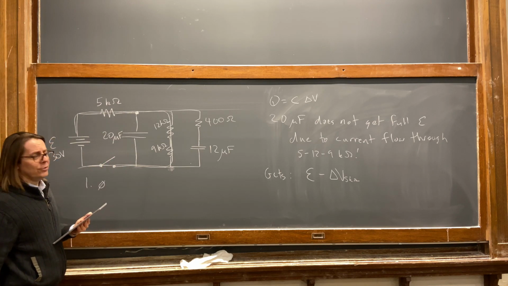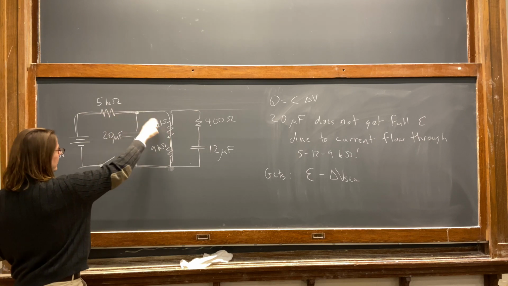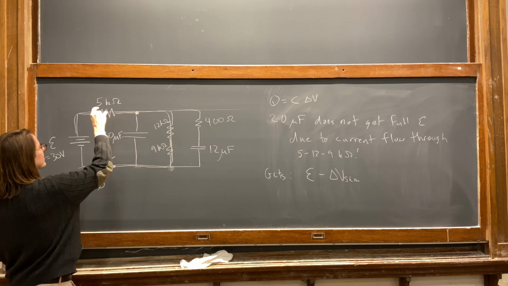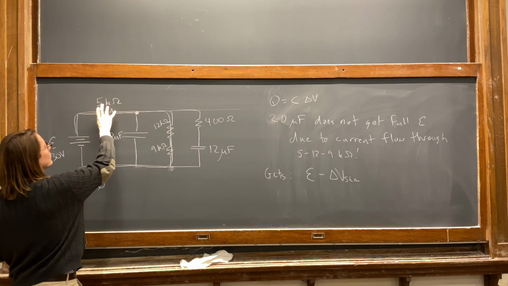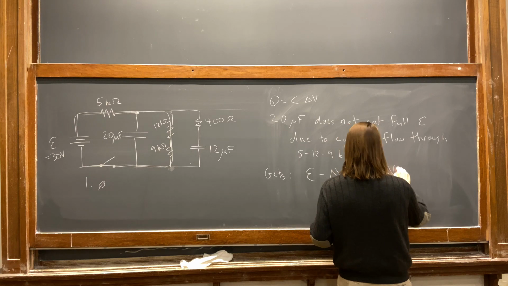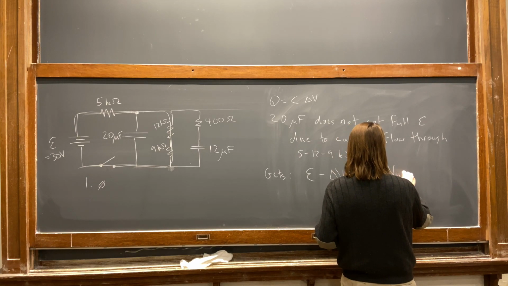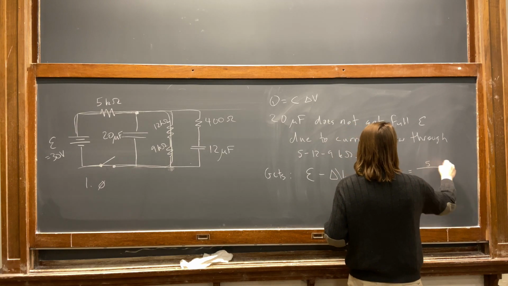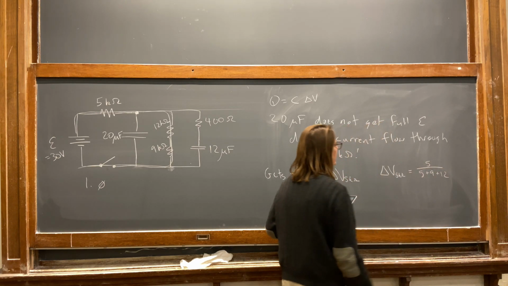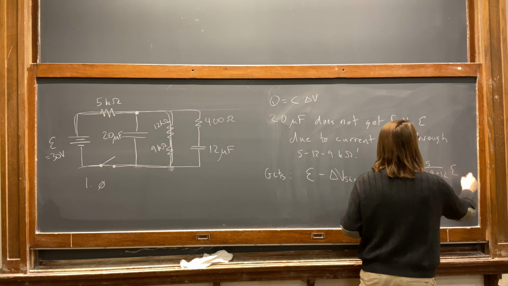Or you could use something called a voltage divider. If you ever have a bunch of resistors in series, and you want to know the drop across any one of them, the drop across that one is that one's resistance over the sum. So delta V, if you're doing this problem by itself and hadn't already calculated the current, would be 5 over 5 plus 9 plus 12 times the EMF.